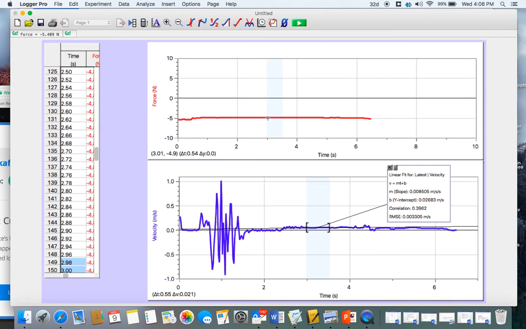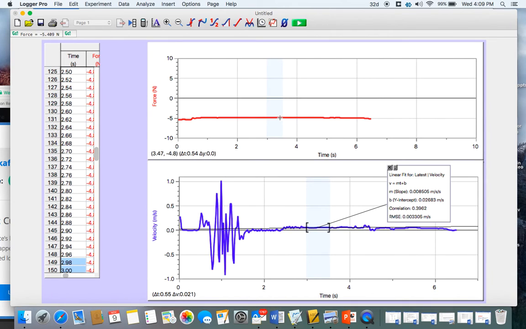So at 3.01 seconds, the applied force was negative 4.9. If I scoot over in that interval, later on at closer to 3.5 seconds, notice that the number in the coordinate pair now is 3.47 seconds. At 3.47 seconds, the applied force is negative 4.8 newtons.